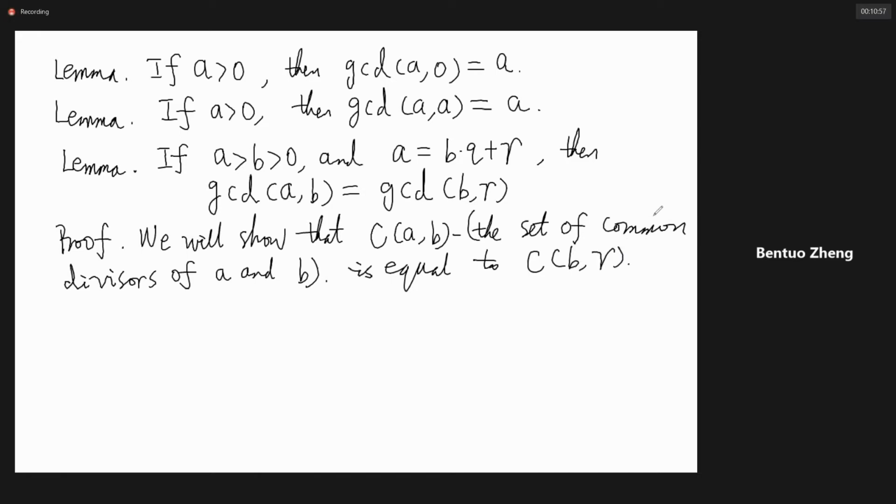Once we show these two sets are equal, then the maximum, which is the greatest common divisor, is the same.